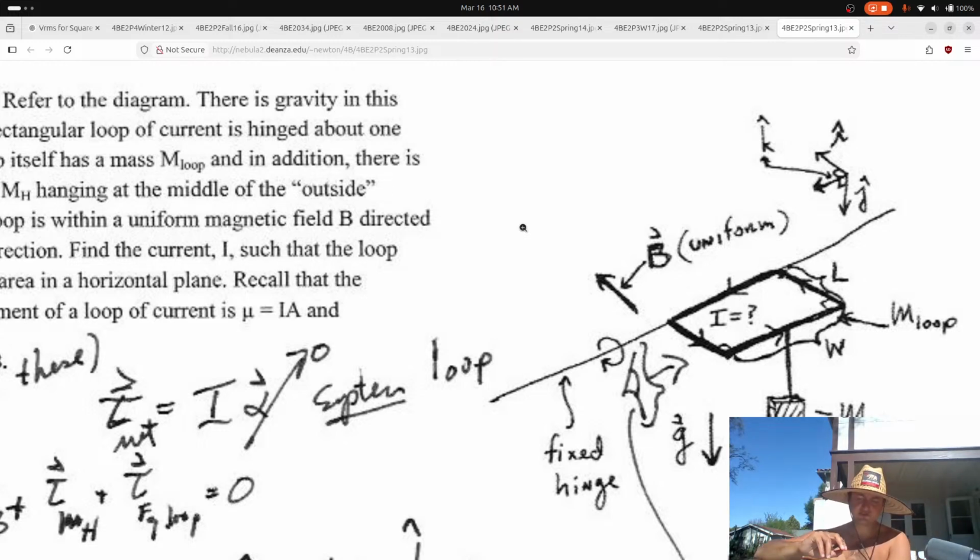Now we need the torque due to the magnetic field. So B is going this way, and we need the current. We're gonna need the current. Let's see if the current was going this way. So we need the current to go this way so that the force is up. So the current.